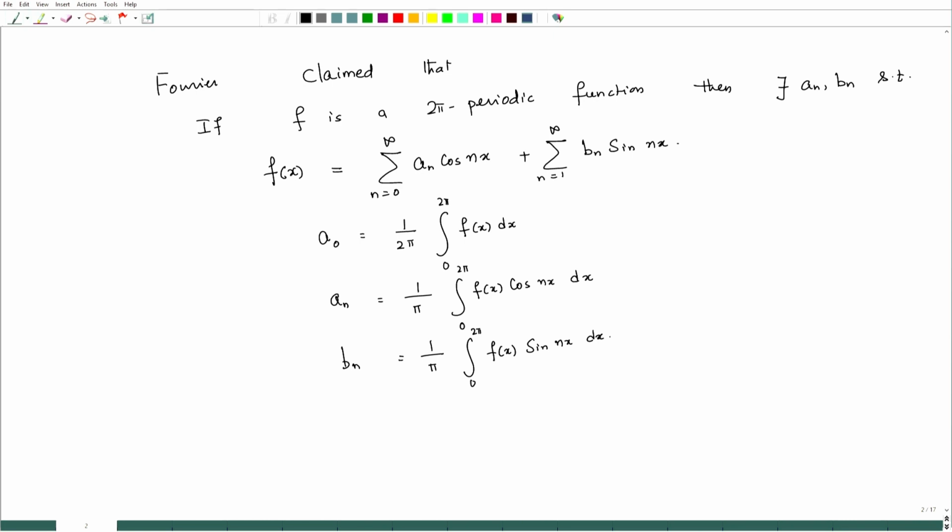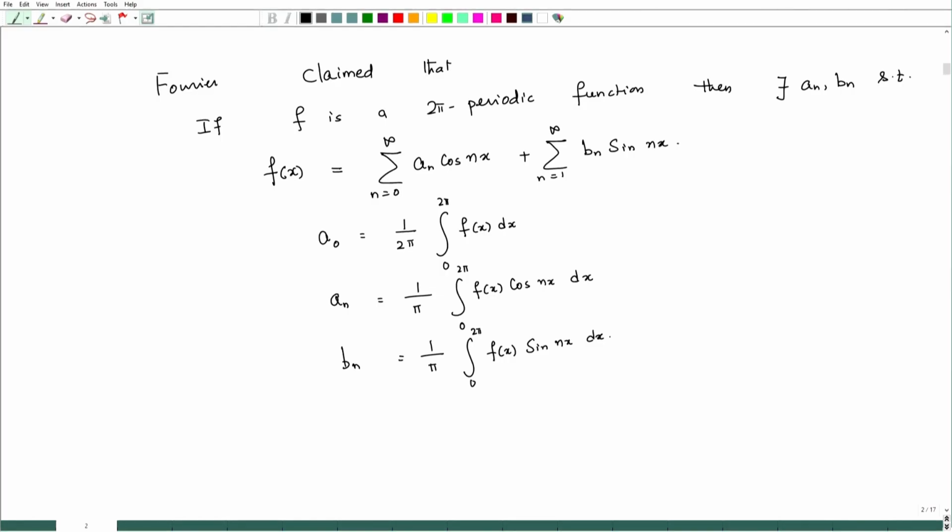However, this prophetic statement of Fourier is almost true. We will see some of the convergence results in this course, and remember this is a very important question for mathematics as well as for applications.